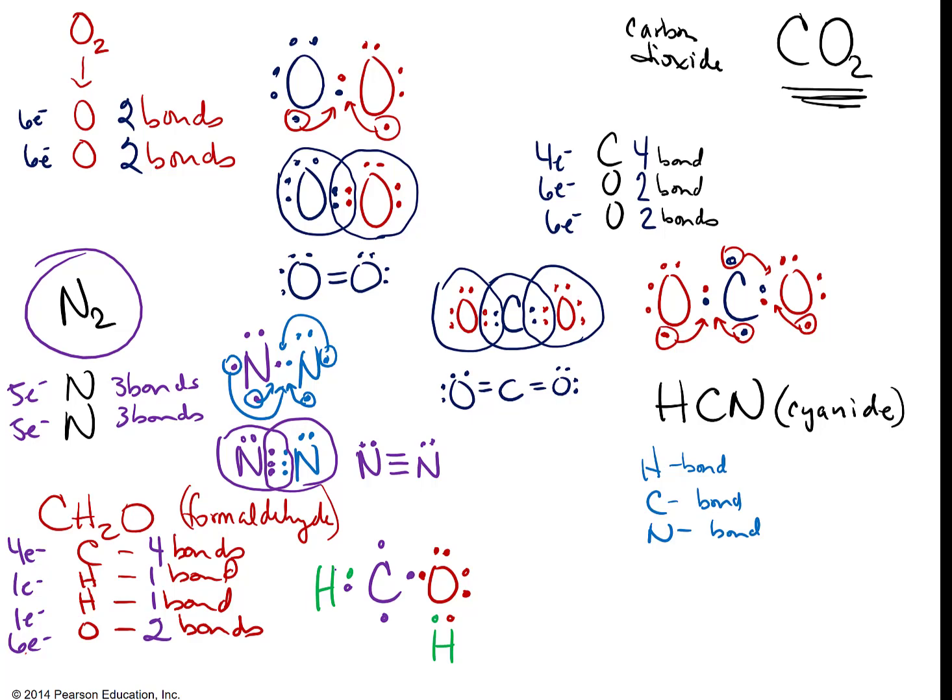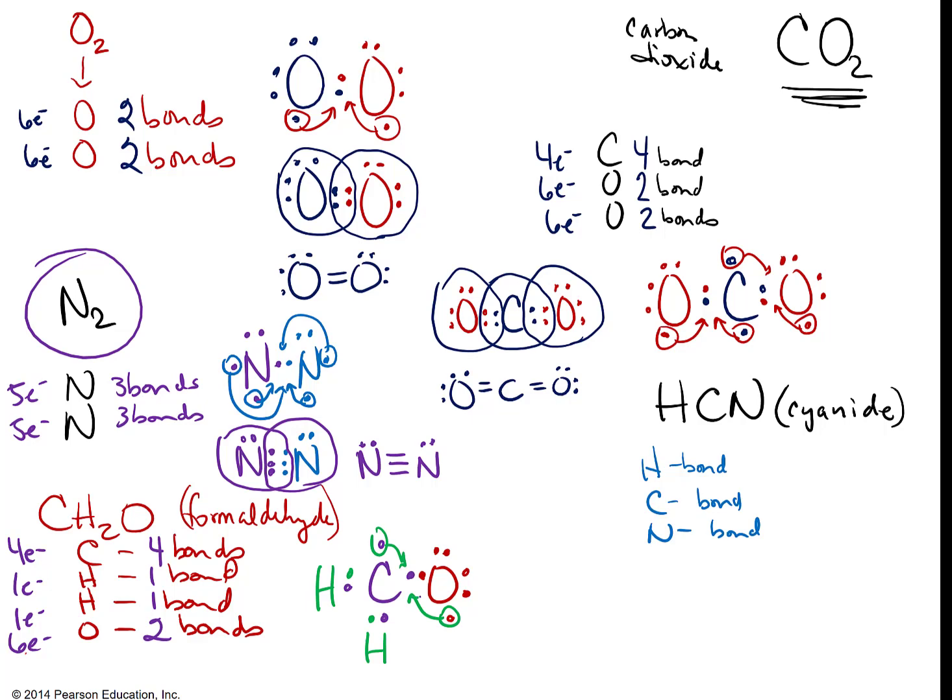Why would carbon just share 2 electrons with oxygen just because it's nice? No. This hydrogen doesn't go here. If you put this hydrogen here, now do you see how the 1 electron from carbon and 1 electron from oxygen fits? So can you see how this can move over and this can move over, forming a double bond?